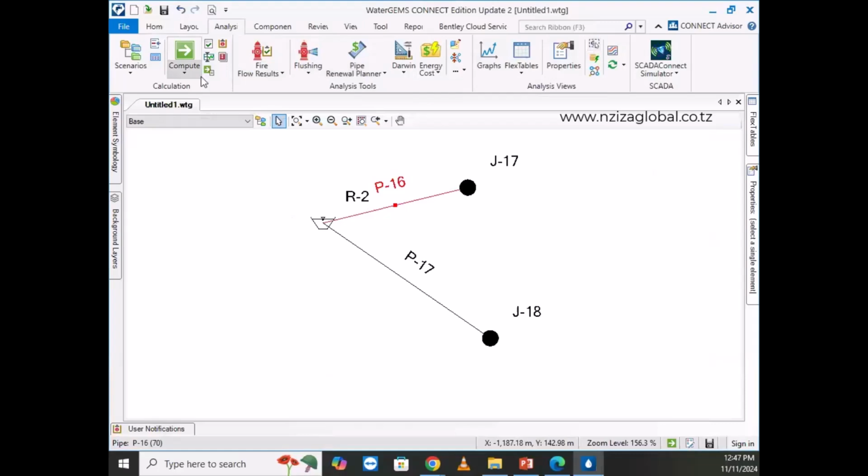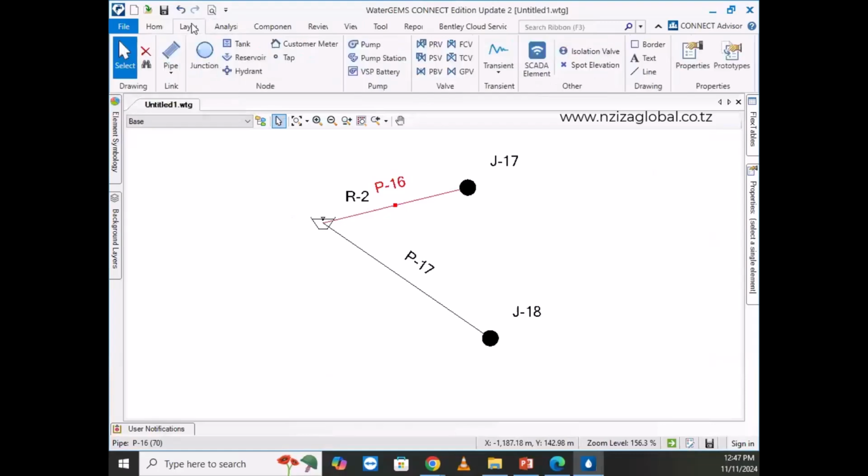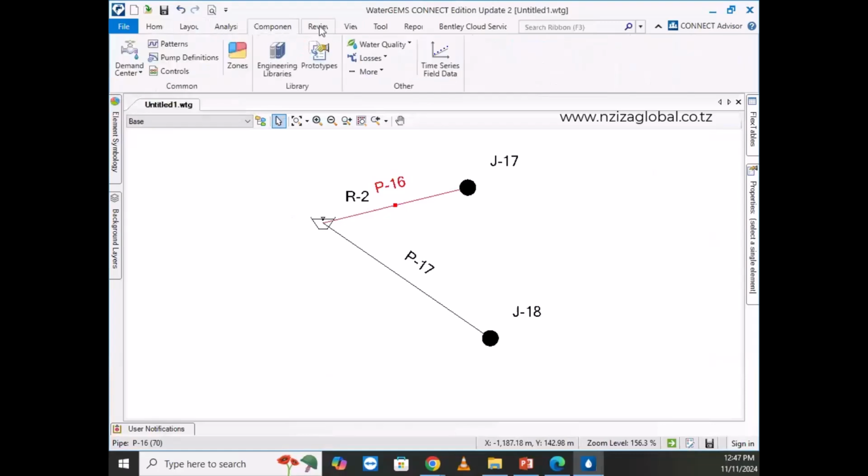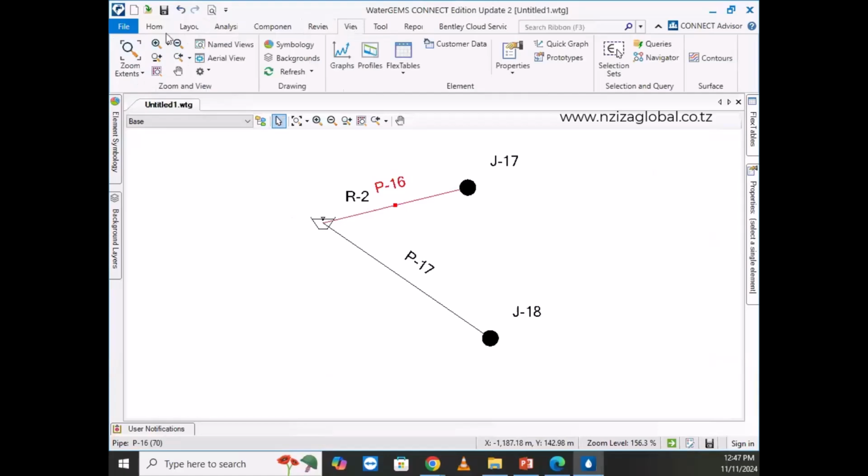We will all see those tools. Another thing that I want to show you: we already put a reservoir. We have pipes and nodes, 2 pipes and 2 nodes.